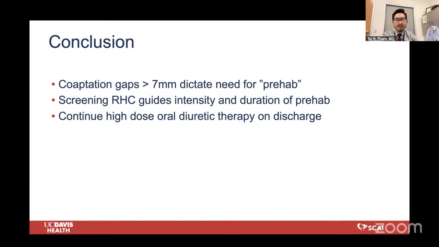Lastly, what often gets forgotten is that we would recommend discharging patients on the same high-dose oral diuretic therapy, and you can certainly adjust or decrease it on follow-up if needed. But overall, we would keep that dose the same when we discharge them.